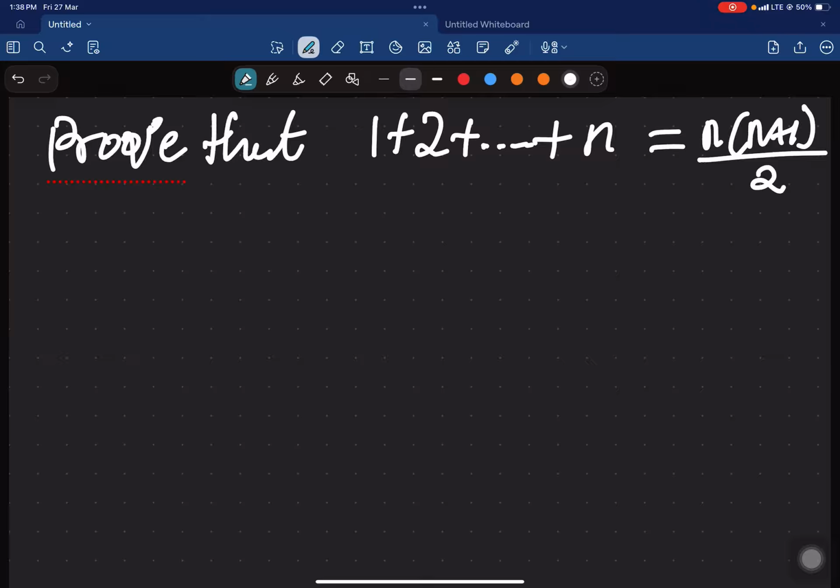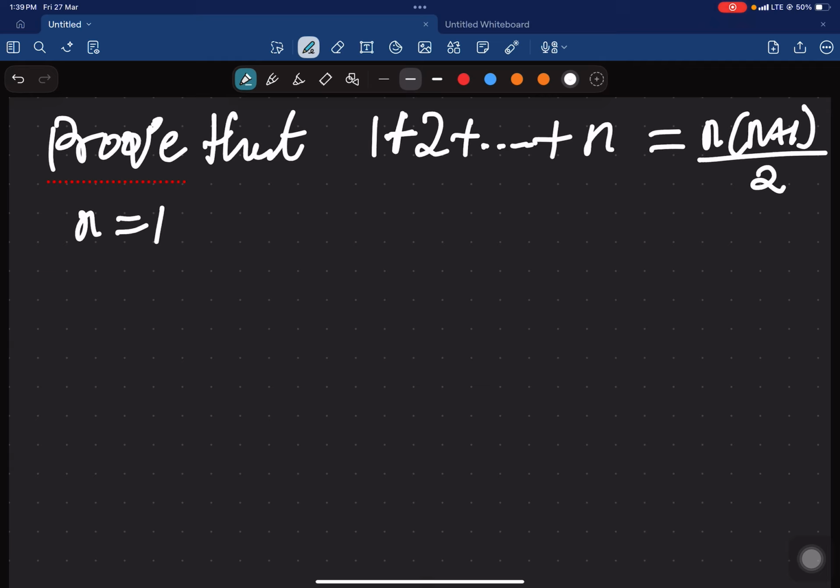So we are to prove that this statement, where the statement P is 1 plus 2 plus on up to a particular n, which is an integer, equals n multiplying n plus 1 over 2. Now what we are going to do first is verify it for n equals 1. That's the first step we are going to do.